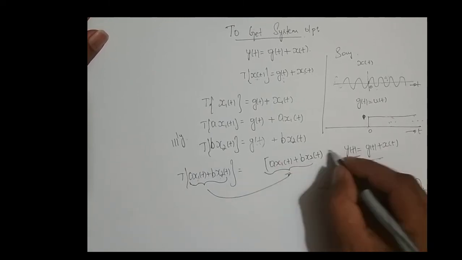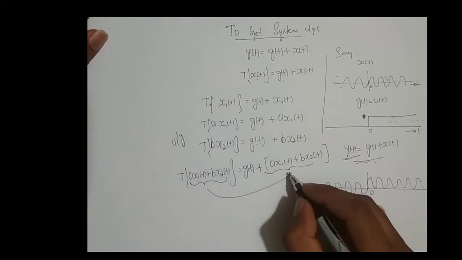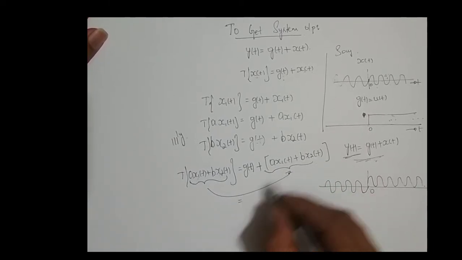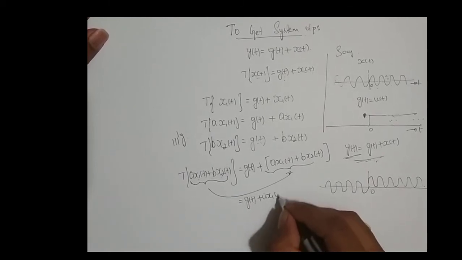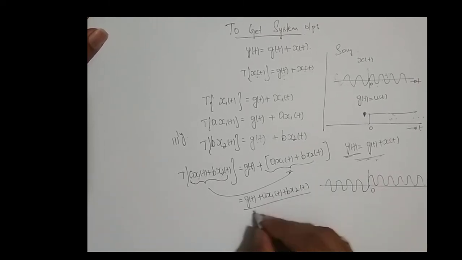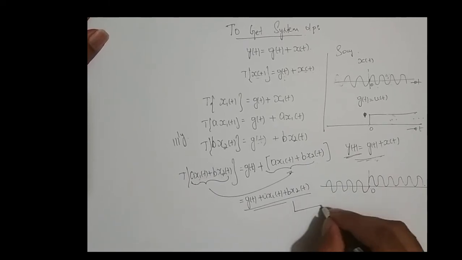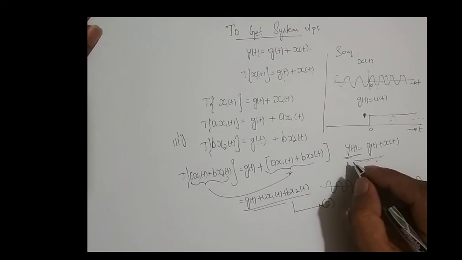For this signal, g of t is getting added. Correct? Yes. Now if I simplify it, g of t plus a times x1 of t plus b times x2 of t. This is the system output we are getting, which we call equation number 2.